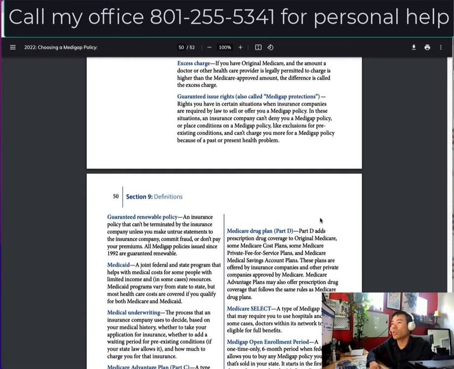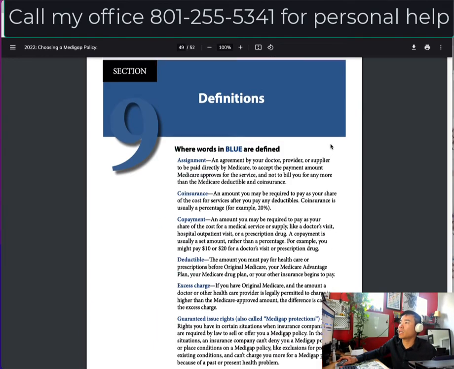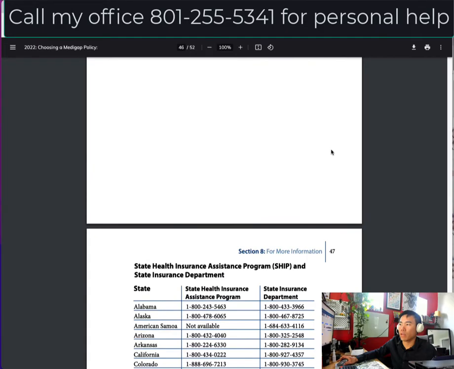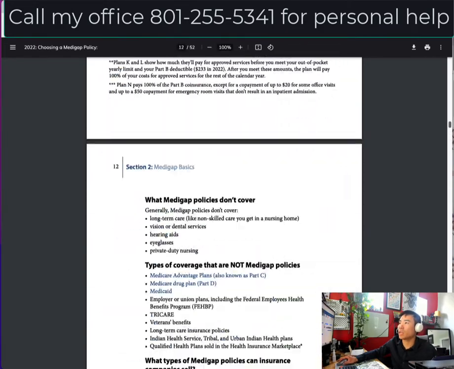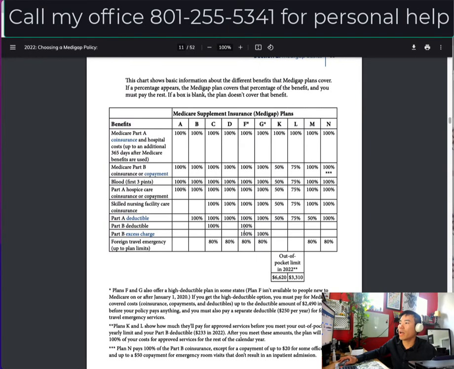If the doctor doesn't accept that Medicare assignment, they're able to charge 15% over that amount. So that would mean that they would charge $115. So that extra $15 you would be responsible for, and Plan N does not cover that difference. Plan G, on the other hand, does cover your excess charge.